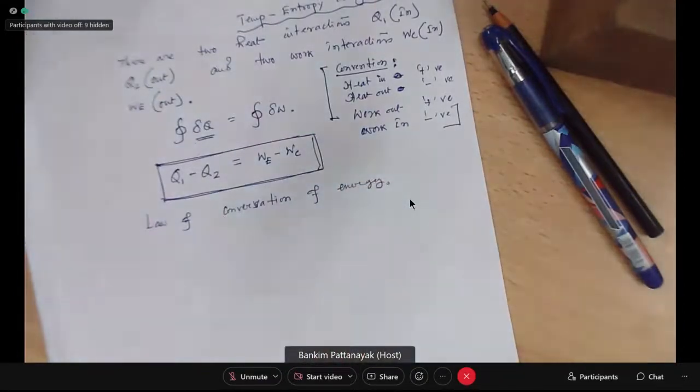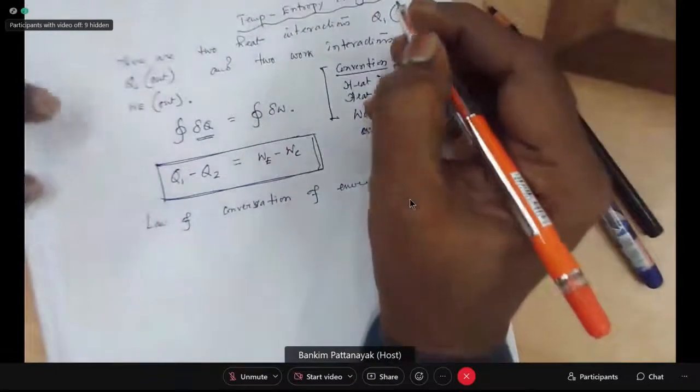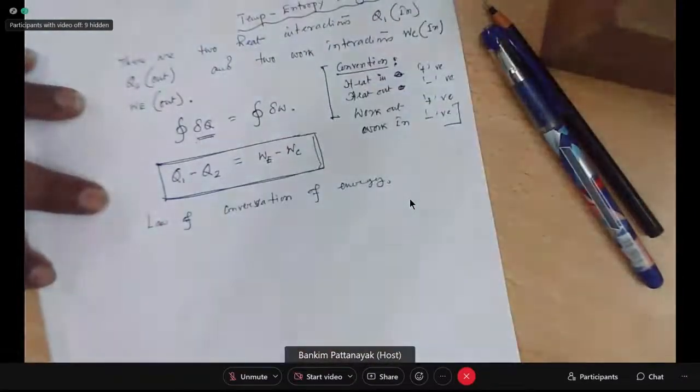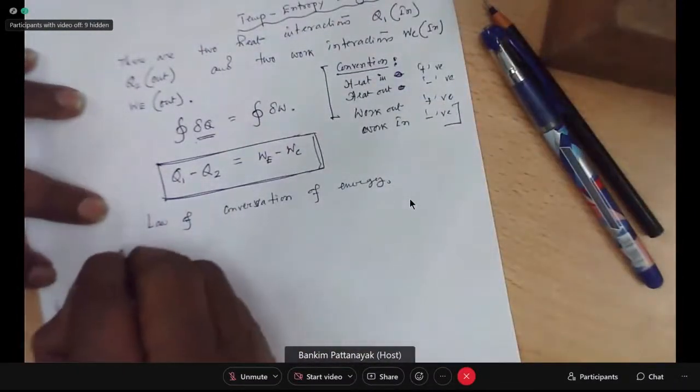That means energy can neither be created nor be destroyed. This is the first law of thermodynamics for a cycle. Now, the first law of thermodynamics for a process.